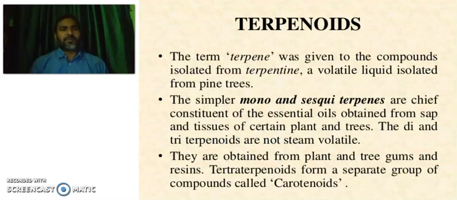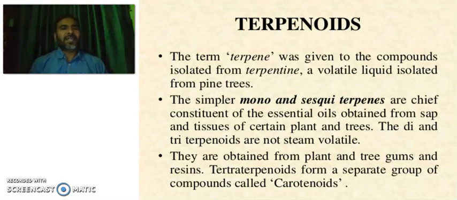So, coming to the basics, the term terpene was given to the compounds isolated from turpentine, a volatile liquid isolated from pine trees. The simpler mono and sesquiterpenes are chief constituents of the essential oils obtained from sap and tissue of certain plants and trees.